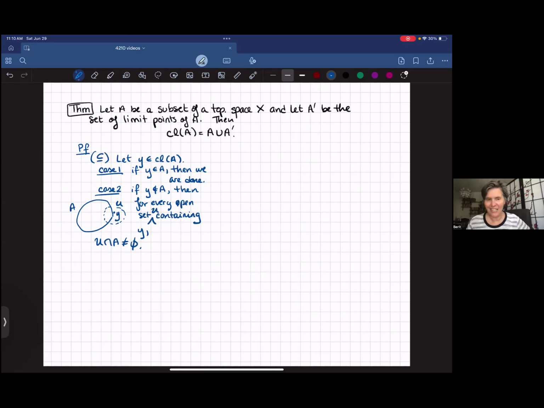So U intersect A is not empty, but that means it has some points in it. Could Y be that only point where they intersect? Well, no, because Y is not in A.